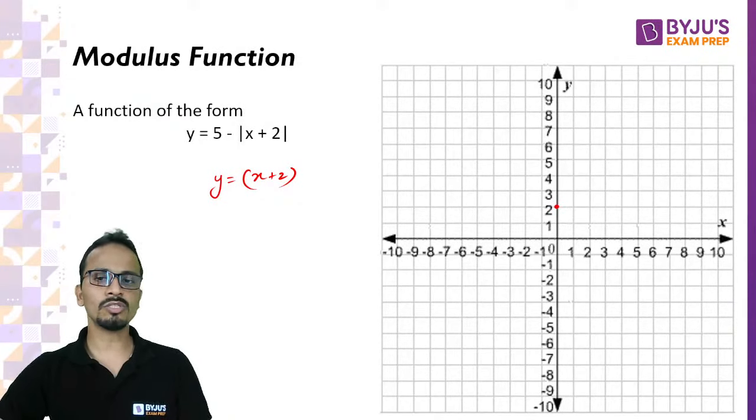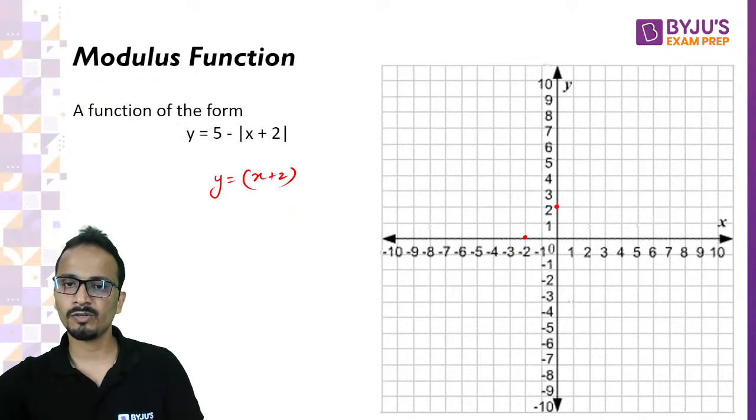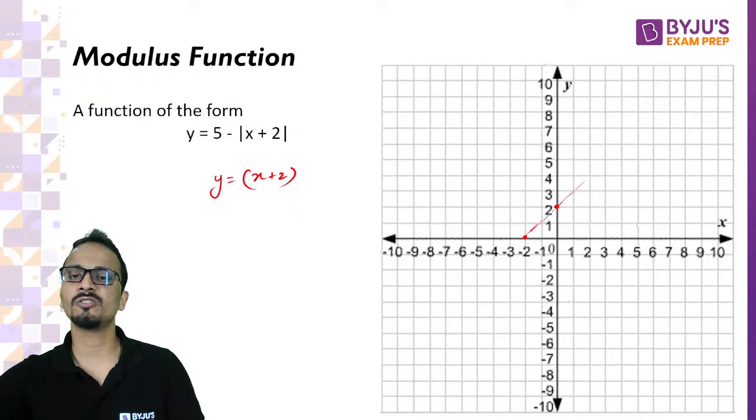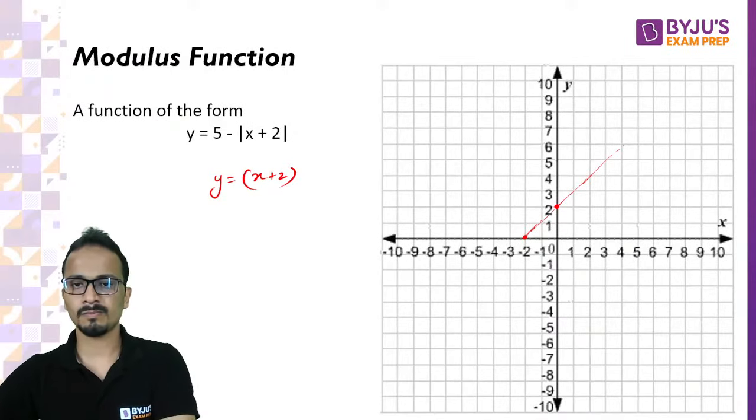When y equal to 0, the value of x is minus 2. So this is the line which is passing through these 2 points. I'll quickly draw this line. Okay, so this is the line.